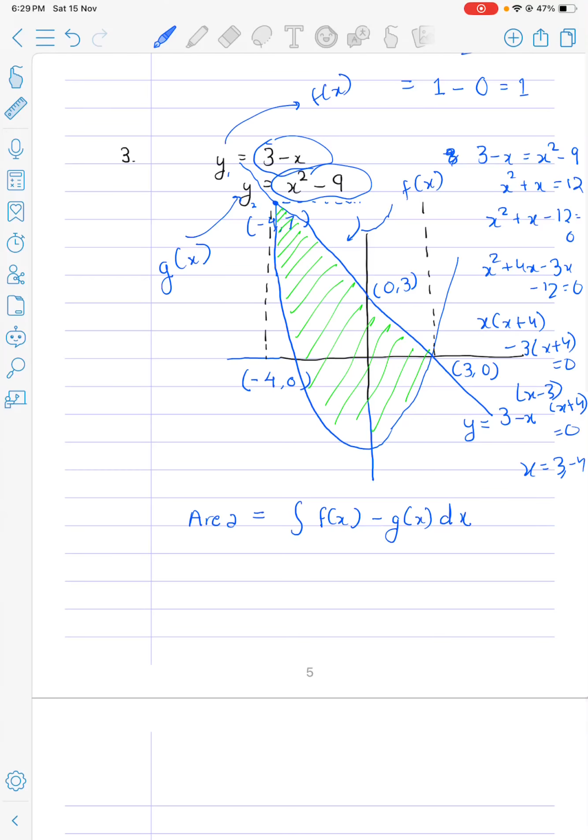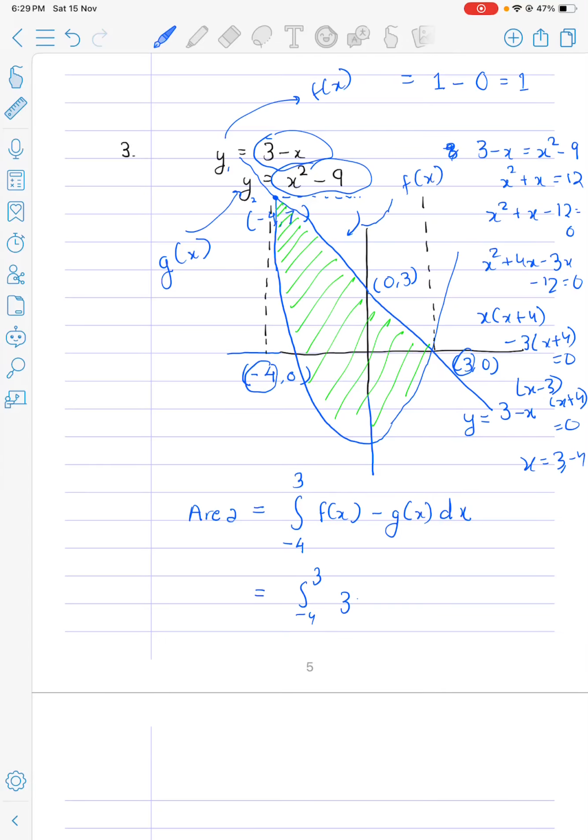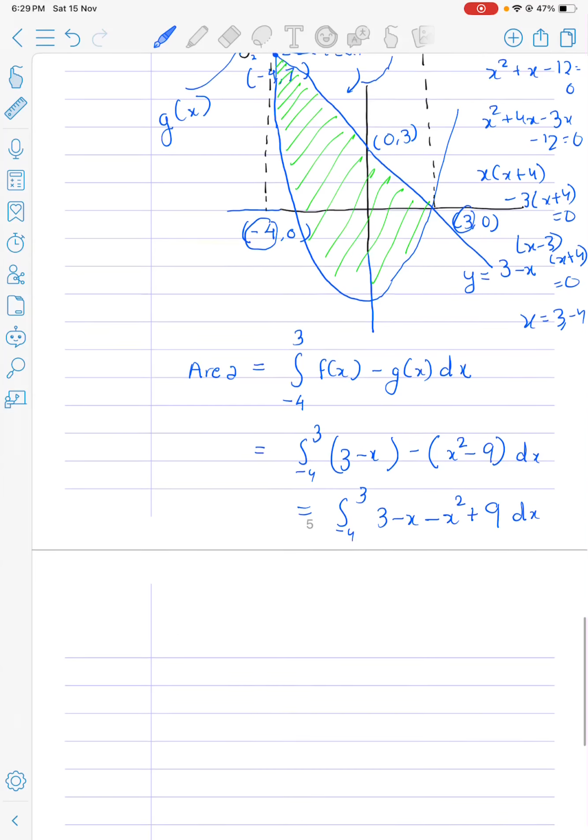And the limit will be from minus 4 to 3. So minus 4 to 3, fx will be 3 minus x, and gx will be x square minus 9, dx. Minus 4 to 3 of 3 minus x square plus 9 dx.